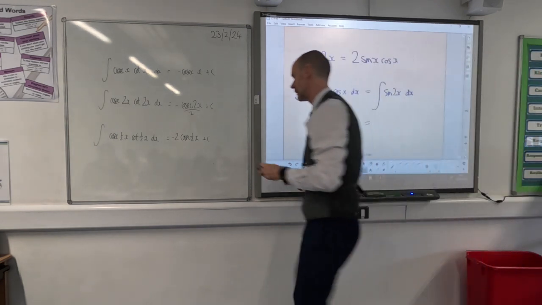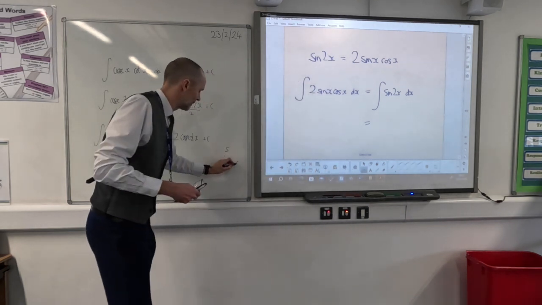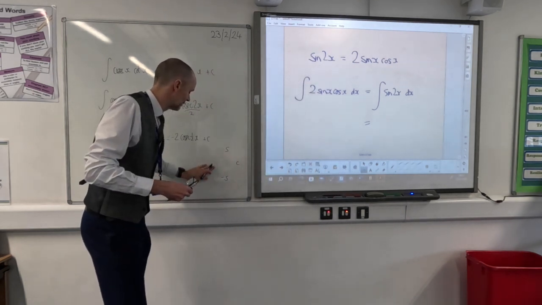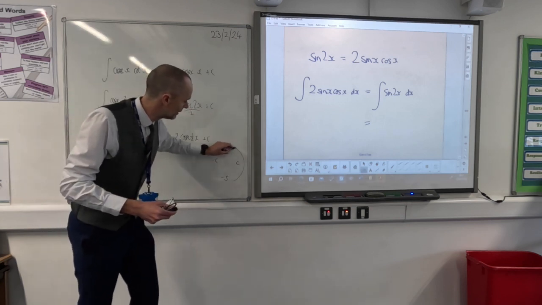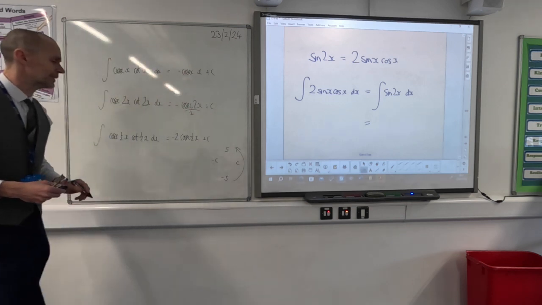Let me remind you about my little cycle. Sine becomes cos, cos becomes minus sine, minus sine becomes minus cos, when you differentiate. Today though, we are going the other way around, aren't we? We're integrating.